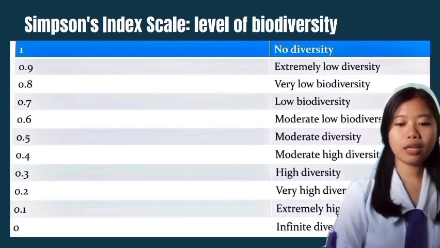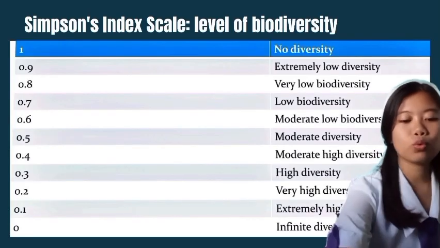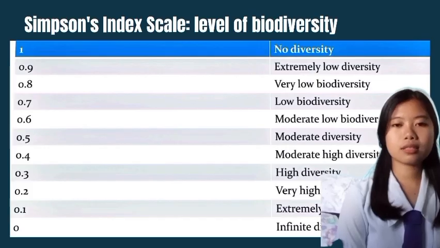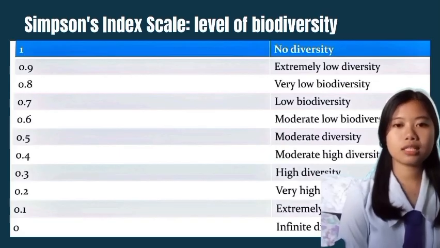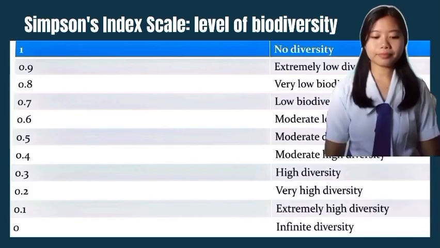The value of D ranges between 0 and 1. On Simpson's index scale of biodiversity, 1 represents no diversity, and if it is close to 0, it has diversity in that particular area.